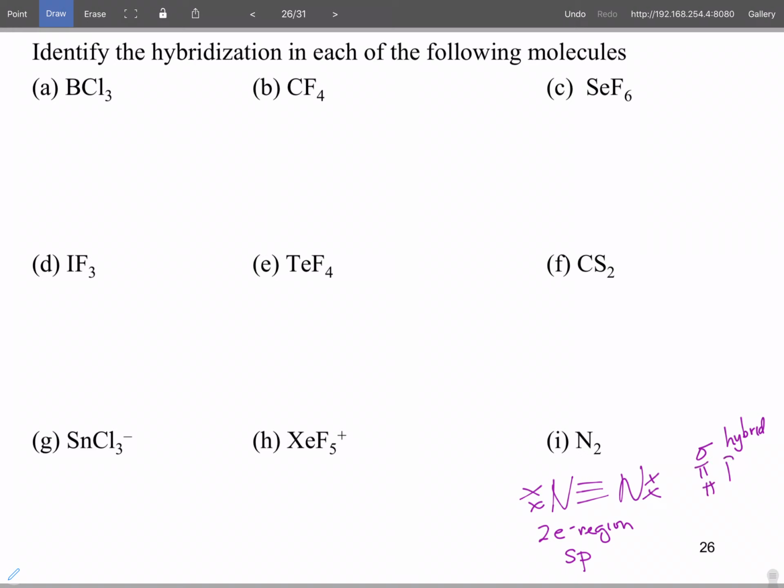And the pi's have to involve p's that are unhybridized. So we cannot include those. So if you're setting it up with your list, you have 1s and 3 p's, then you can only combine these 2.